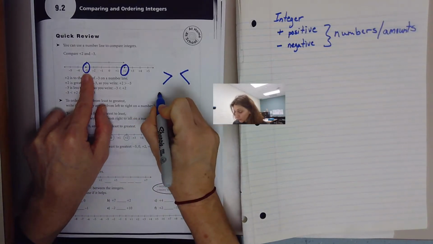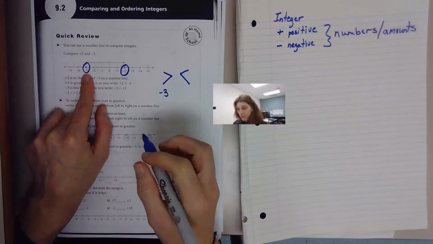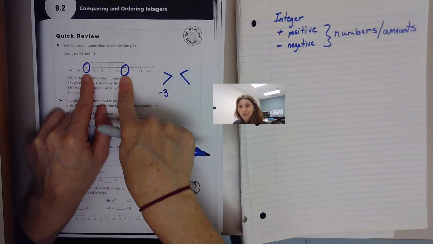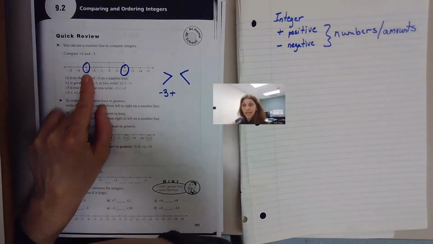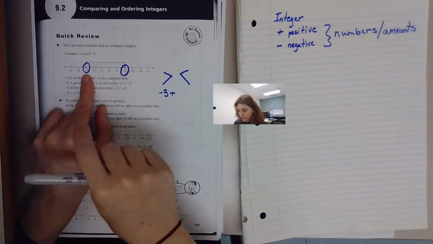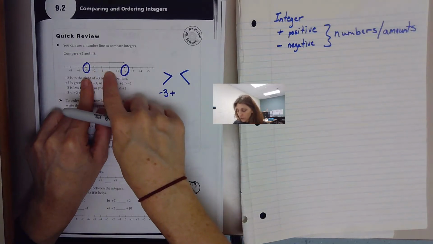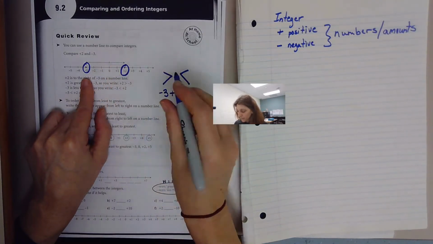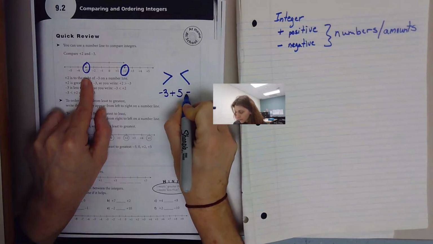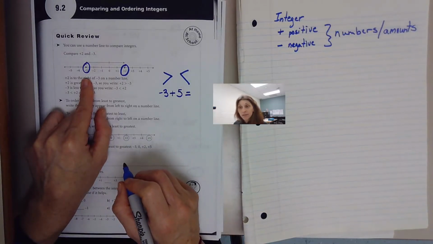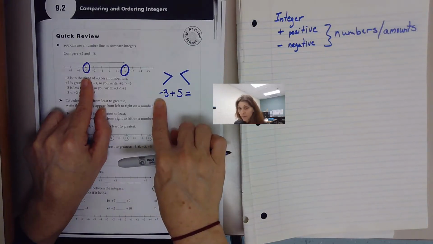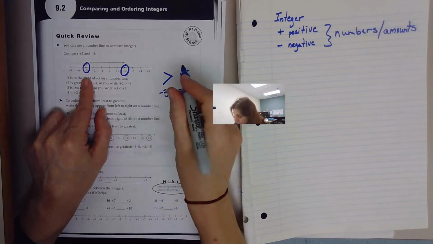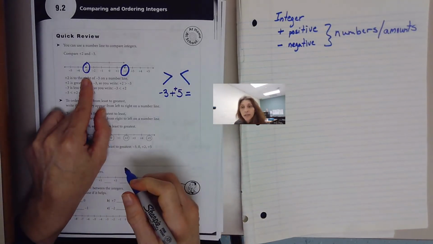If we're at negative 3, and we're going to get up to positive 2, that means we have to add, as we're going up, increasing, making it larger. 1, 2, 3, 4, 5 is the same thing as, equals, means is the same as, negative 3 plus 5, and you can put a positive there to help you remember.